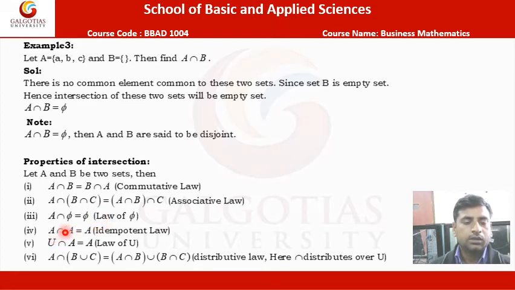And the intersection of any set with respect to itself will be the set itself. And the intersection of any set with respect to the universal set will be the set itself. This is called the law of U. And this last one is the distributive law, where the intersection distributes over union.